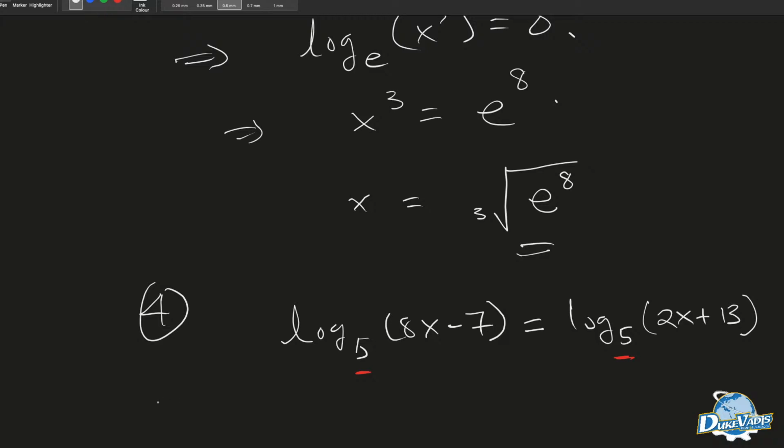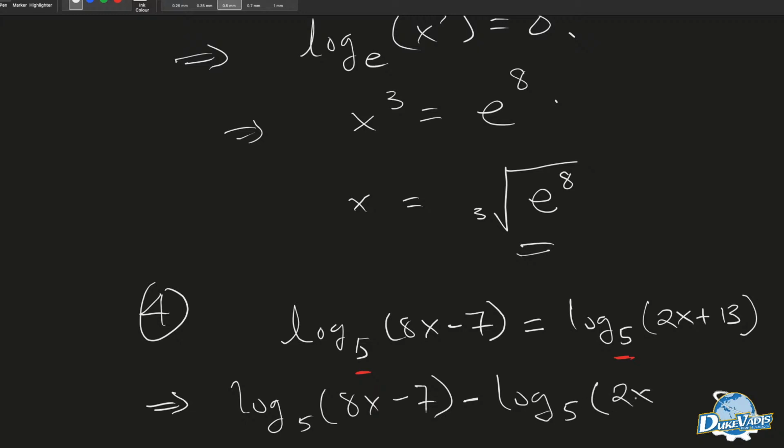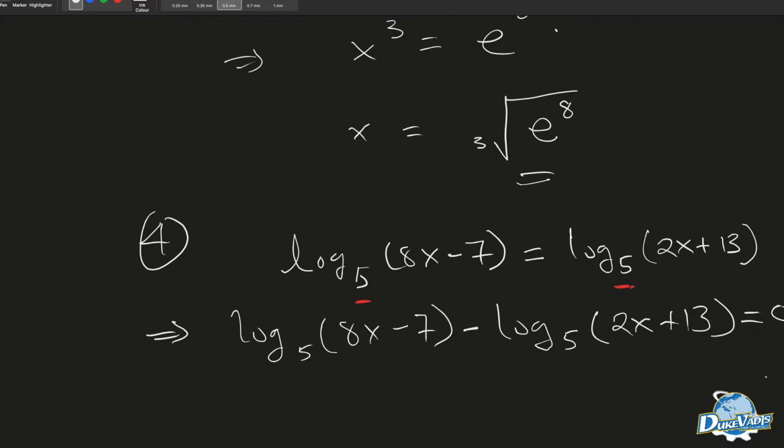So that, when we do that, we are going to say log to the base 5 of 8x minus 7 minus log to the base 5 of 2x plus 13 is equal to 0. Have you seen it? This is equal to 0. That has made the equation so easy.